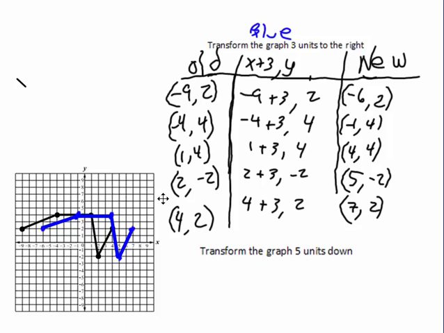So every time you do a transformation, make sure you have some sort of chart that takes old points and transforms them into new points. Essentially that's what a transformation is. We take old points and transform them into new points.